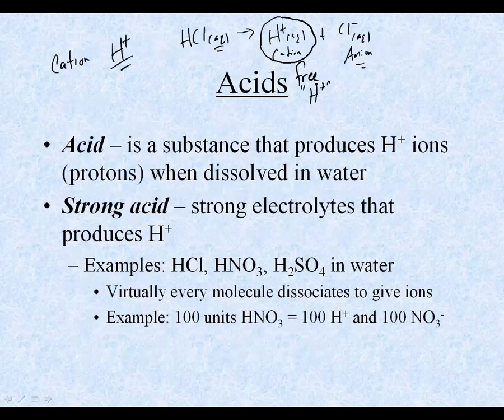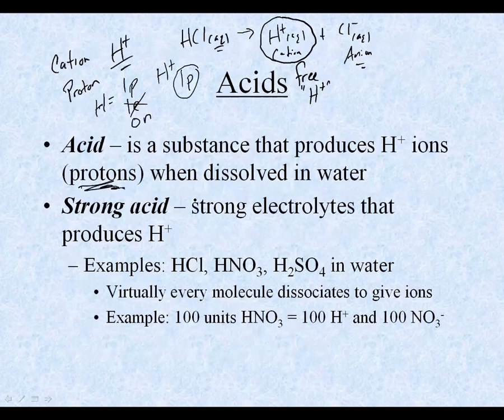Sometimes H+ is referred to as a proton, because hydrogen has one proton, one electron, and no neutrons. To become positively charged, it has to lose an electron, which leaves just a proton, which is why, especially in acid-base chemistry, H+ is sometimes called a proton.